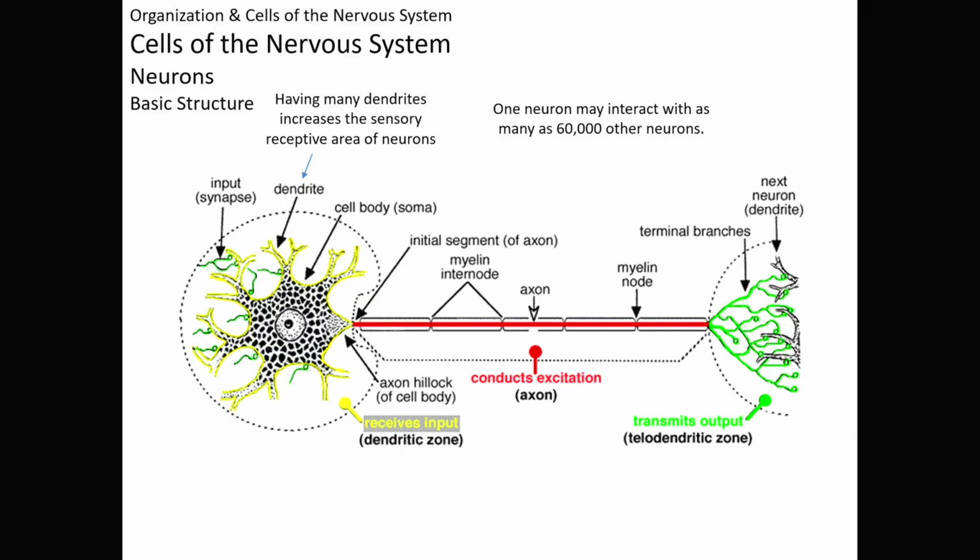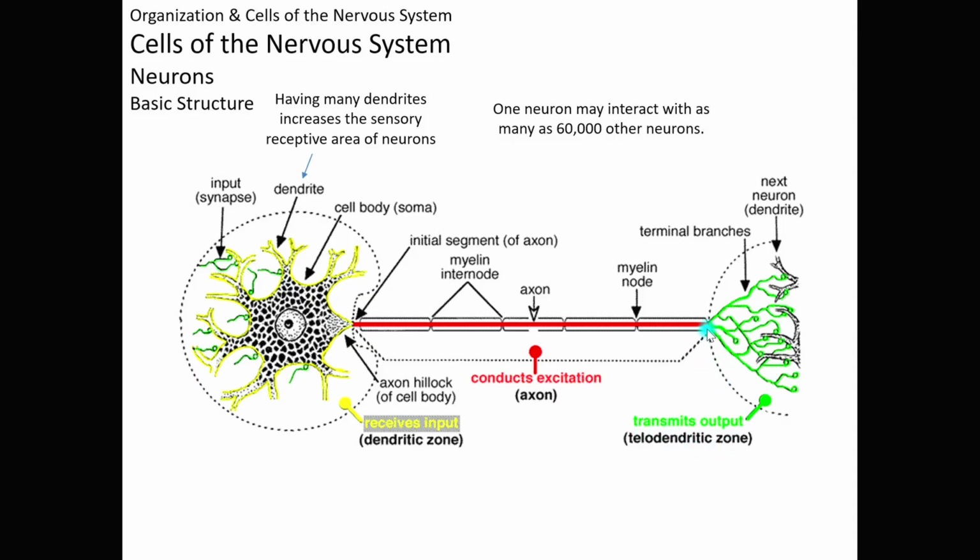So we said the axon's function is to generate and conduct excitation, which is just another way of saying action potentials.